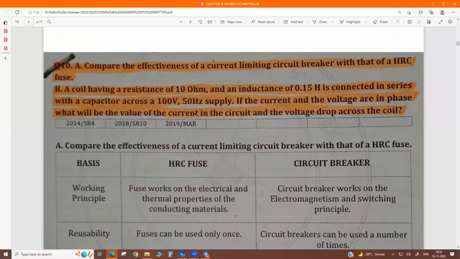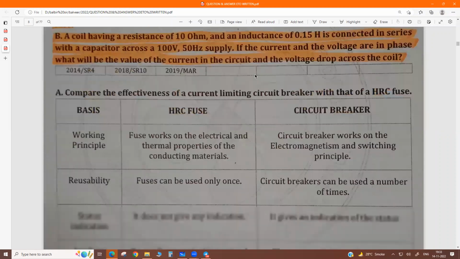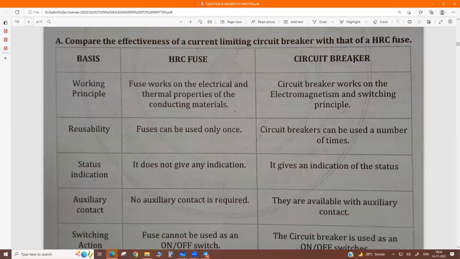Now next, this was a question: compare the effectiveness of current limiting. So there is a comparison between the HRC fuse and the circuit breaker. Actually the circuit breaker is fast acting, and the fault is sensed and detected, with interruption by the fuse also. Fuse means fuse wire, okay?